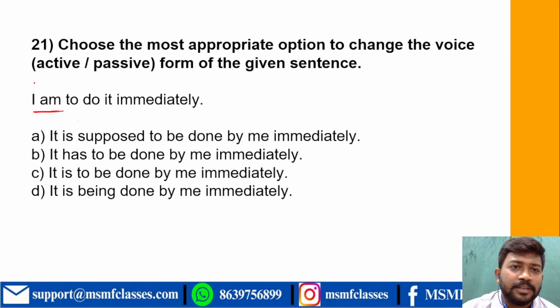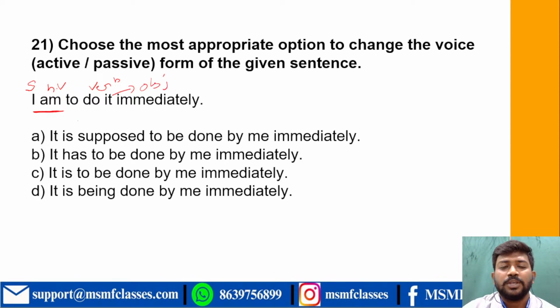This is a subject. This is a helping verb. Do it. So this is verb, and it, this is the object. So whenever we use passive voice, object should come at the first.